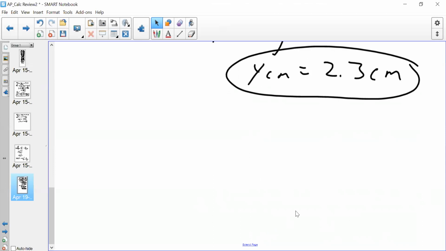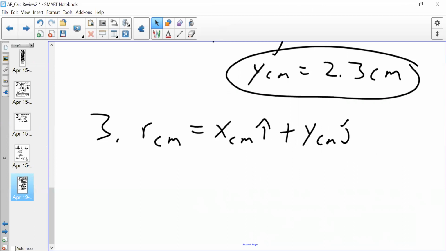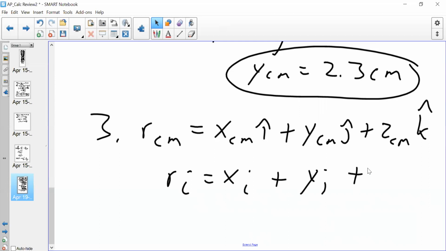And as I mentioned, the third thing, the radial position for the center of mass would be the sum of all of them. The unit vector notation is just saying that the center of mass along the x-axis is indicated by this i hat notation, and then y, and then z, or you just say ri is xi plus yi plus zi.